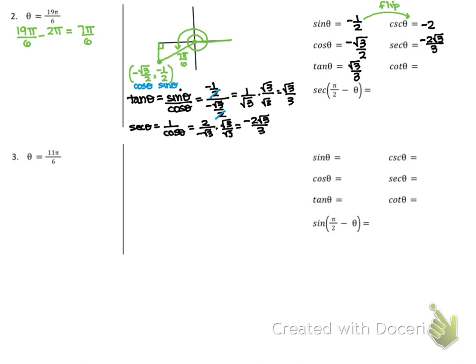Cotangent, I'm just going to go back to any stage of tangent that I want and flip it over. And I think I'm going to take that one in green. If I can take 1 over root 3 and flip it over, that's just going to be root 3. And then for cosecant, these are the complementary co-functions. So I'm looking for cosecant of theta, and I can just grab that answer.